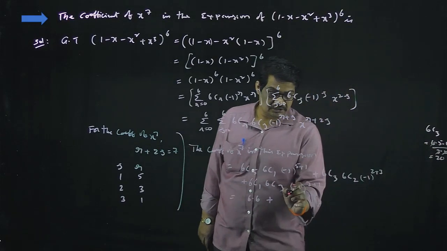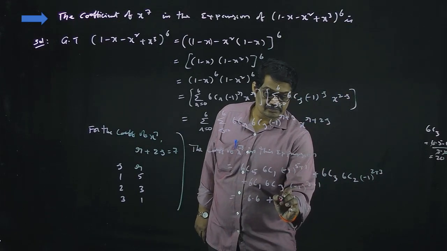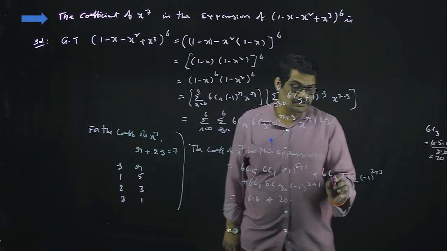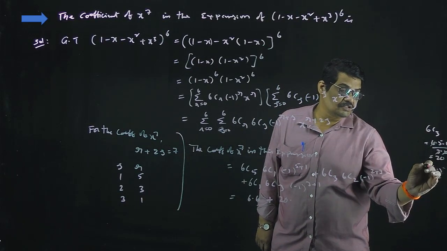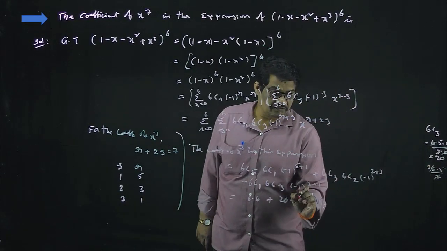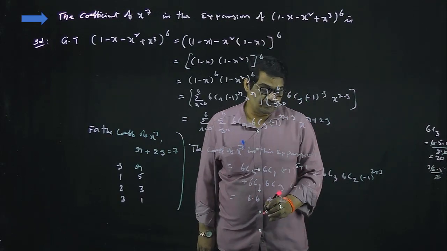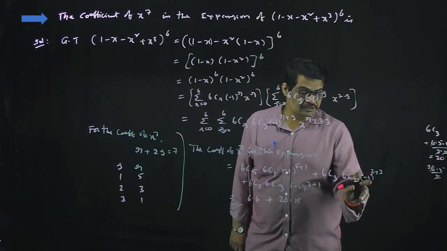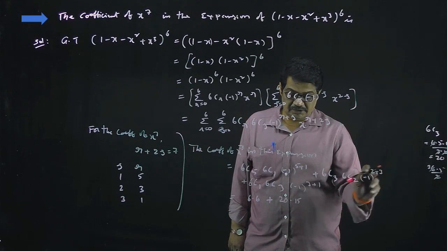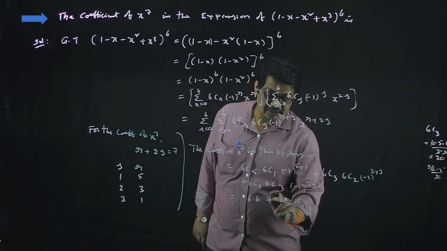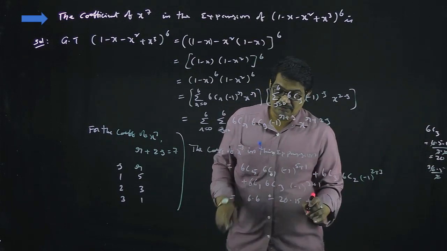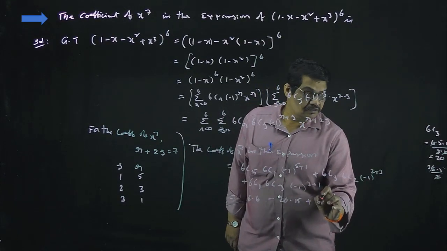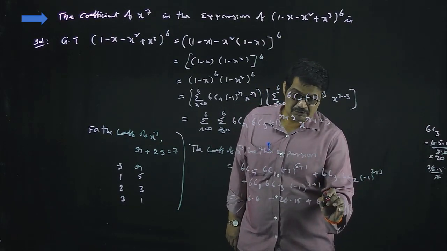This value is 20 into 6C2, that is 6 into 5 by 2, that is 15. Next, (-1) power 2 plus 3 is minus 1, so we are getting minus. The last one is 6C1 is 6 and 6C3 is 20.